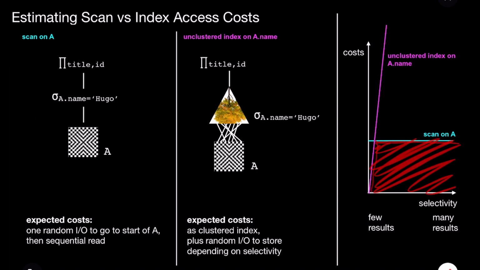So there's a point here. Up to that point, the database system should use the unclustered index. Beyond that point, it should use a scan. Then it's optimal because I always use the best plan that's possible in that space. That's the task of the query optimizer.